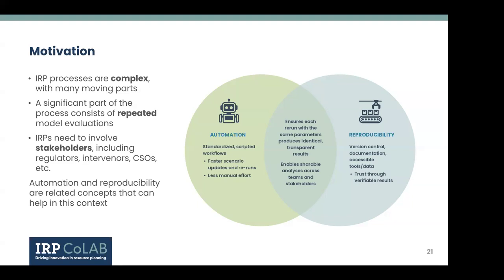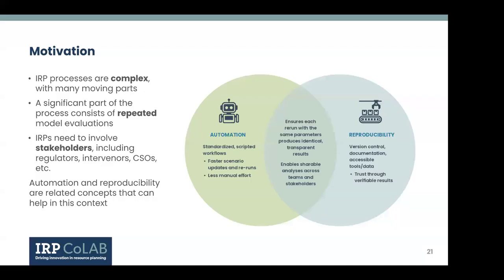And in this context, where you have a very complex process with many moving parts, but also parts that you need to redo often, and a need to explain this process, but also to engage with lots of external stakeholders, that seems to be a process where automation and reproducibility can really help.